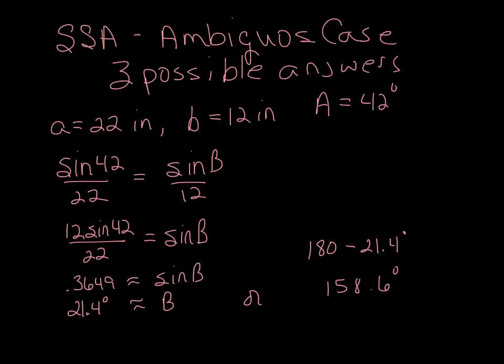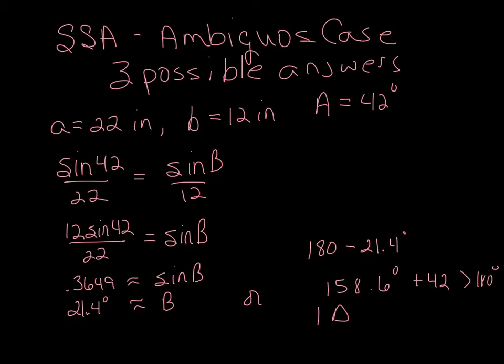But we've got to check what happens if I add my original angle to 158. Do we get something that's more than 180 or less than 180? Because that's more than 180 degrees, I have one triangle. I just checked it, I have one triangle, so I just proceed.